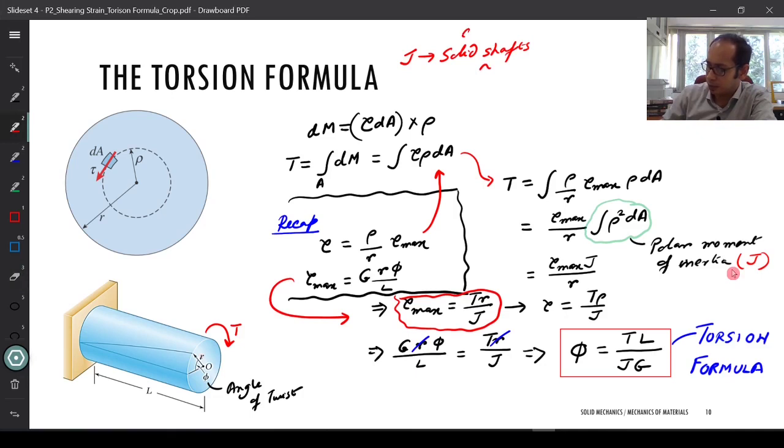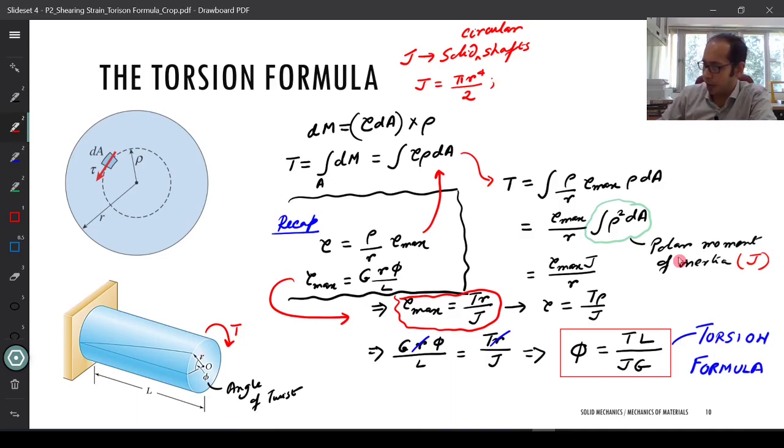Solid circular. If you have a solid circular shaft with a radius r, what is the value of J? The value of J is pi r raised to 4 divided by 2, right? Yeah, pi r raised to 4 divided by 2.